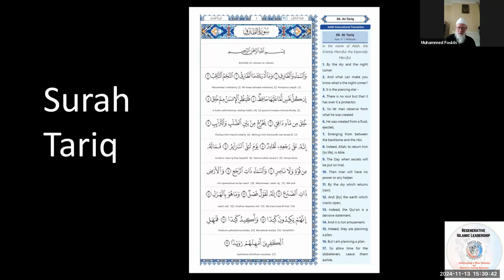In this surah, خُلِقَ مِن مَّاءٍ دَافِقٍ, Allah subhanahu wa ta'ala, by using the word khuliqa in the passive tense, my dear brothers and sisters, keeps his name a secret and does not mention himself.